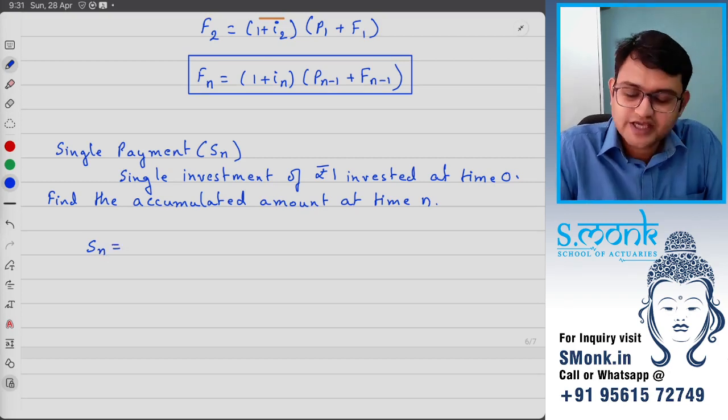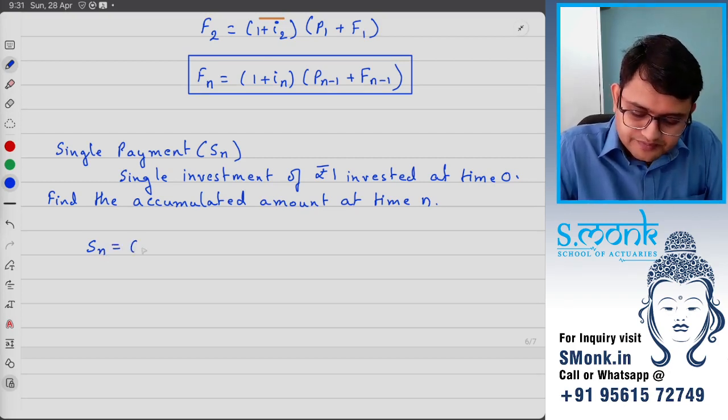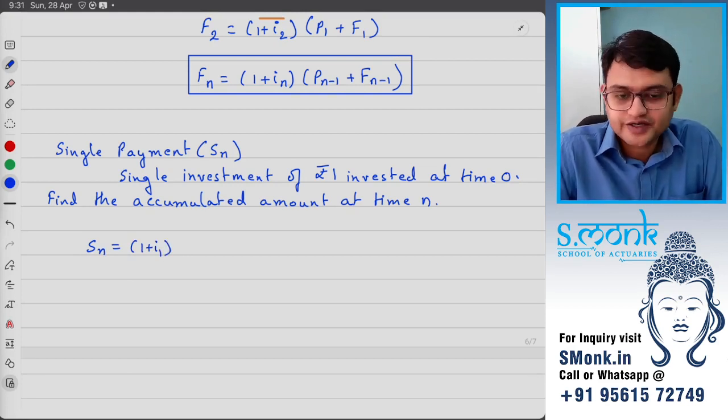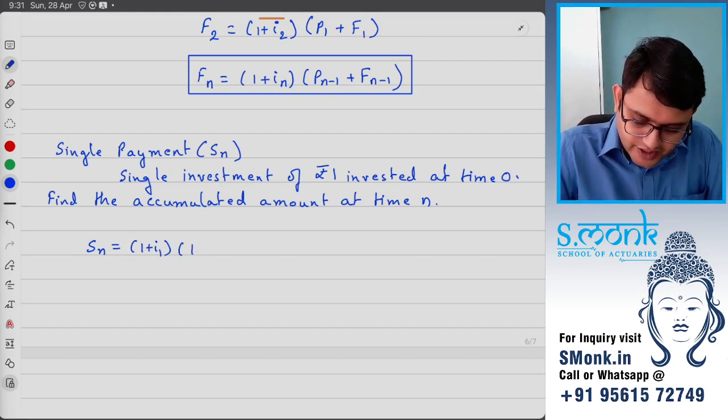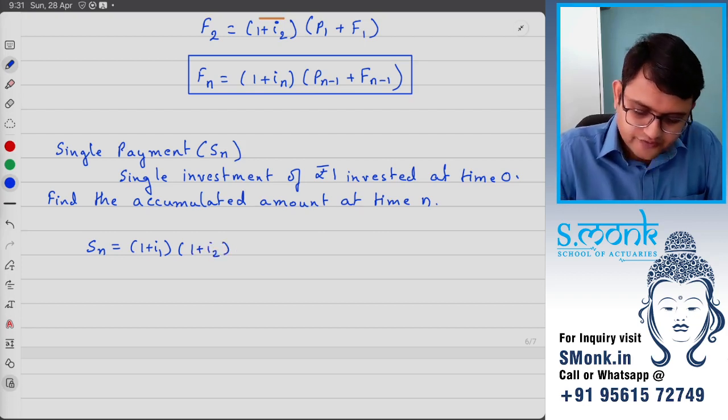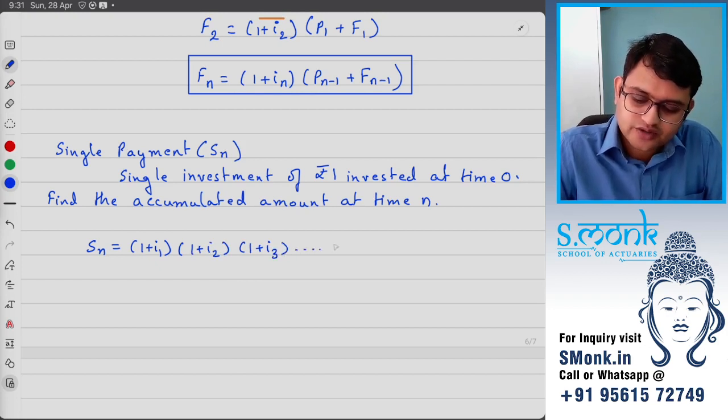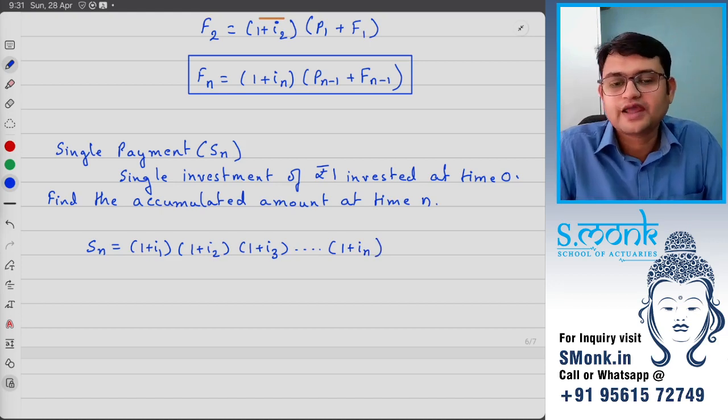I'll just say Sn would be: first year I got the rate of interest of I1. The second year I got the rate of interest of I2. Third year I got I3, and so on till last year I got the rate of interest of In.